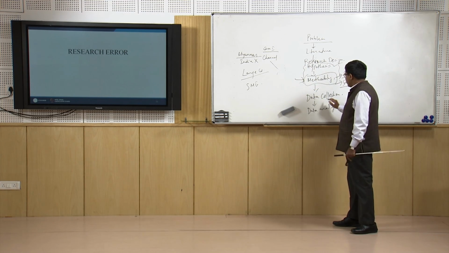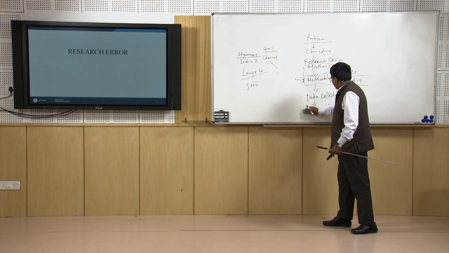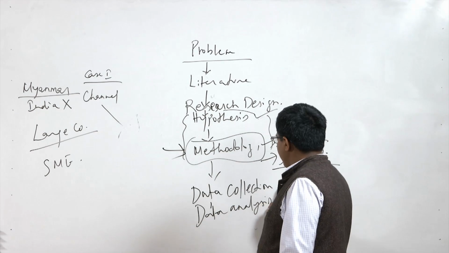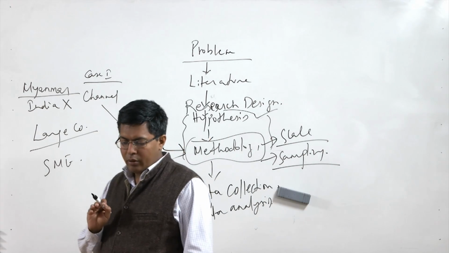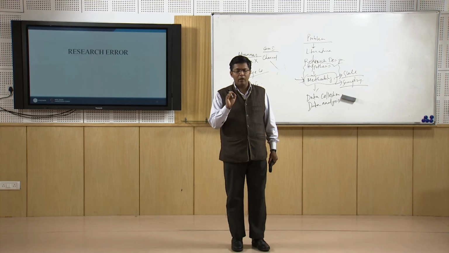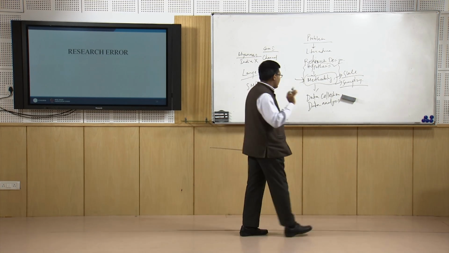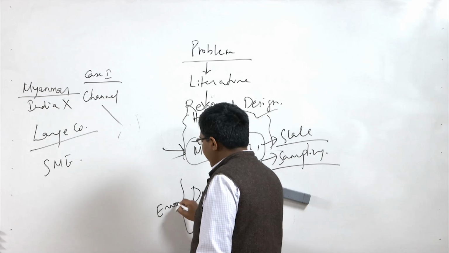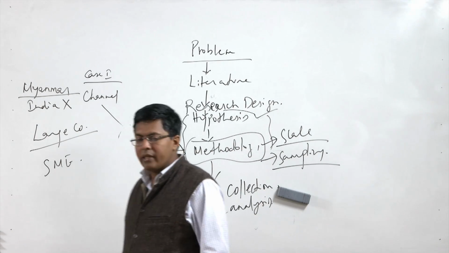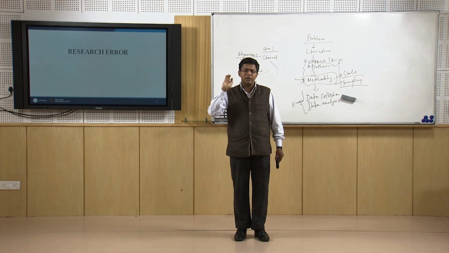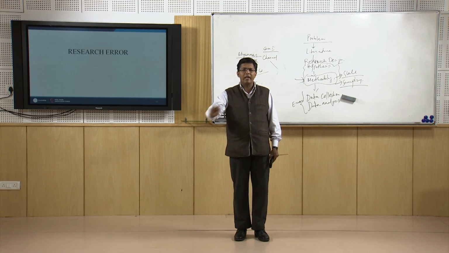So when you are doing data collection and data analysis, at each step there is a fear of doing it in a wrong way and introducing an error. One has to be very careful. What I always say in any class is that there are umpteen ways of creating errors.